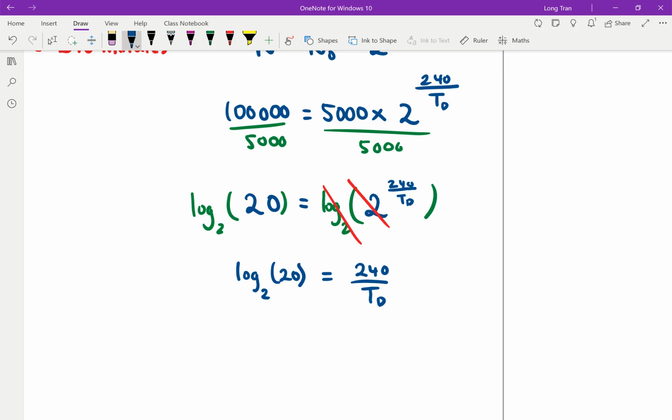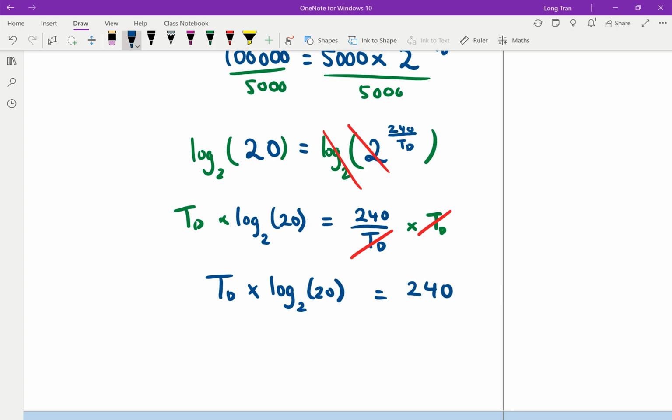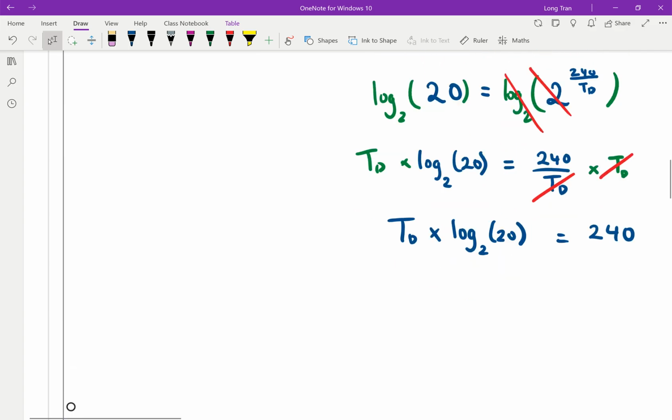Your goal is to find TD. For me, I would simply multiply by TD on both sides, because that's the inverse of dividing by TD, and these two will cancel out. I will now have TD multiplied by log base 2 of 20 equal to 240.